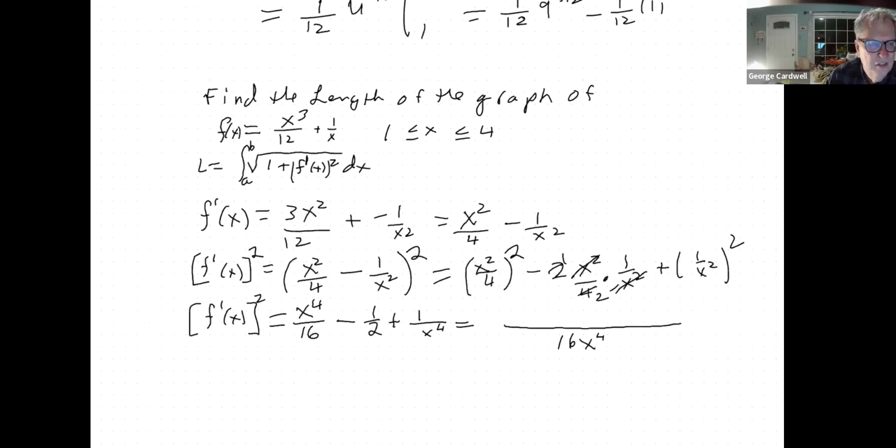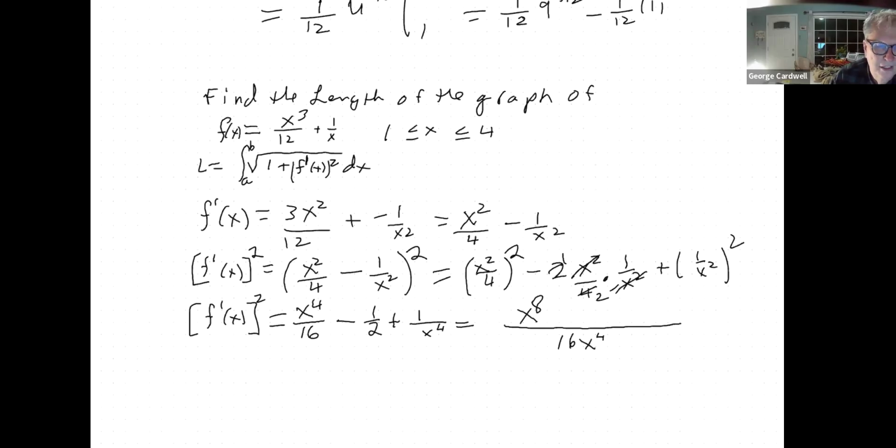Okay. So then what did I have to do to this 16 to make it 16x to the 4? And the answer is multiply by x to the 4. So I got to multiply top and bottom of this first fraction by x to the 4th. So x to the 4 times x to the 4 is x to the 8, right? So that's the first term. What did I have to do to 2 to make it 16x to the 4?